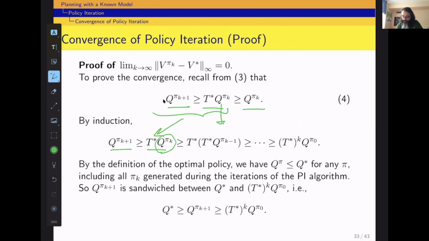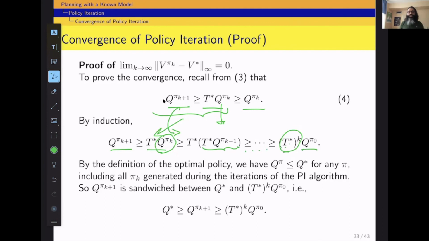Just apply kind of the same argument here and get that this is greater or equal than T star applied to T star Q pi k minus 1. And I can do that because of monotonicity of the Bellman optimality operator. And if I do it multiple times, I get to the point that it would be the Bellman optimality operator applied k times to Q of pi 0.